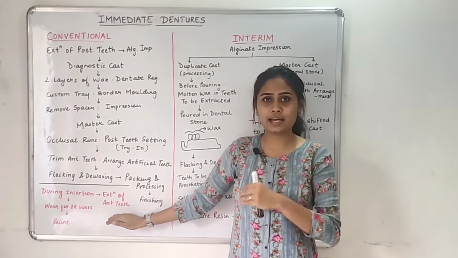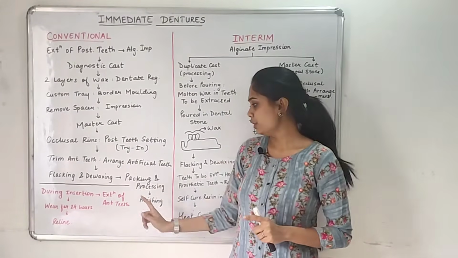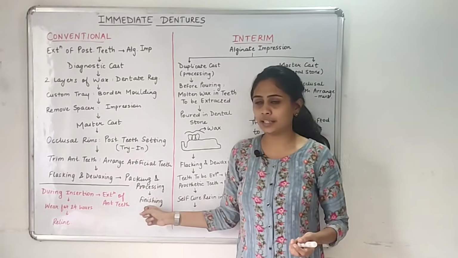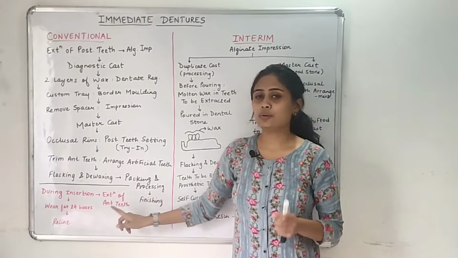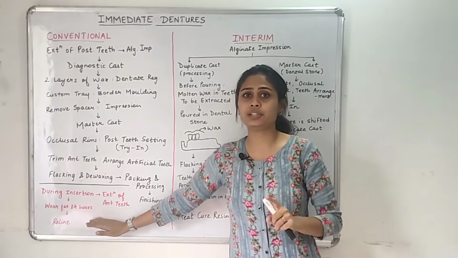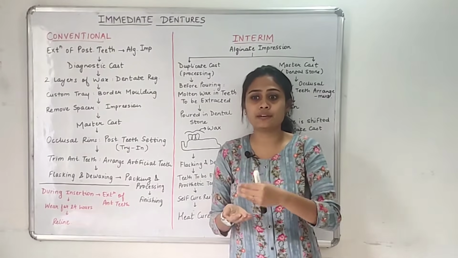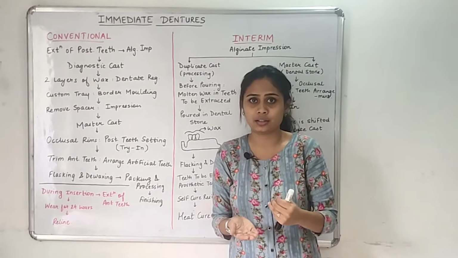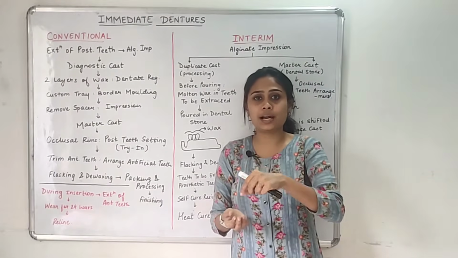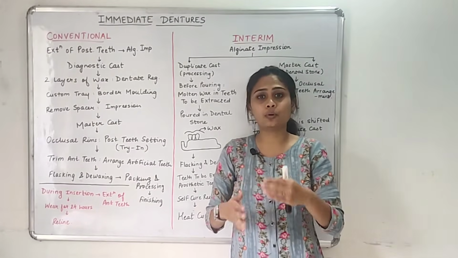So you extract the anterior teeth and immediately you place your unit, the fabricated denture. Okay, and you ask the patient to wear that whole unit for 24 hours. The patient does not have to remove it, because you have just extracted the anterior teeth in the second or third appointment. So when you extract those anterior teeth, you will have bleeding sockets or open sockets.